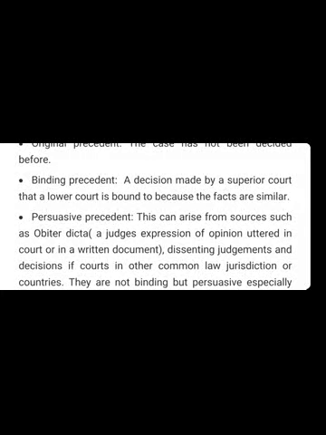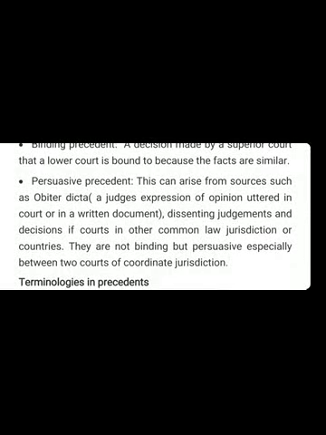This can arise from sources such as obiter dicta, which we have given you the meaning of. Dissenting judgments and decisions of courts in other common law jurisdictions or other countries.